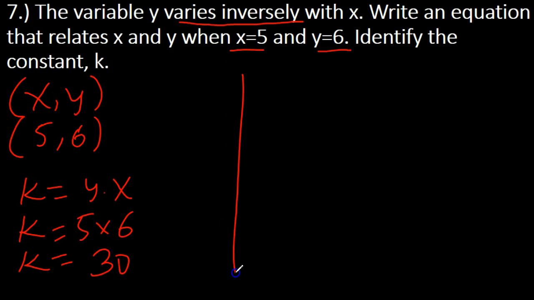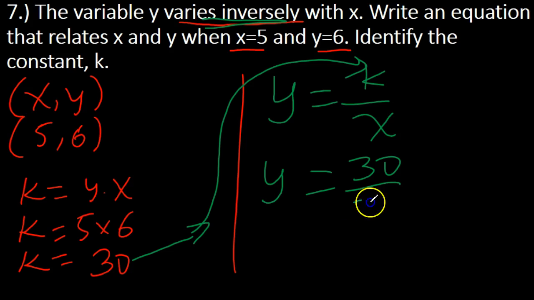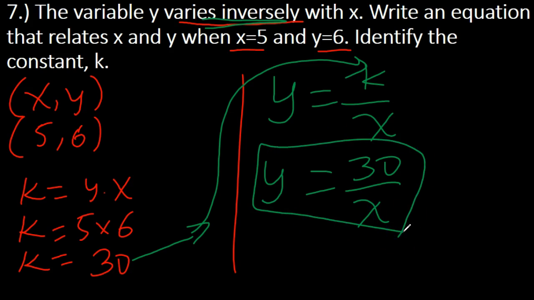Since k is 30, we write our equation for an inverse relationship. Remember the equation, don't mix them up. For inverse variation, it's k divided by x. So y equals 30 divided by x. And that's the equation. All done.